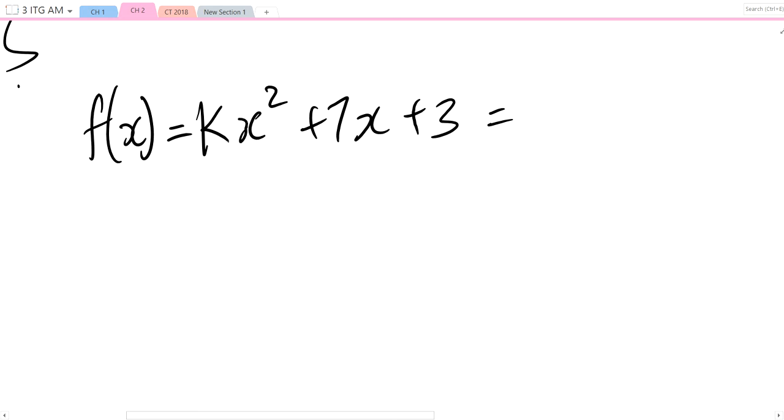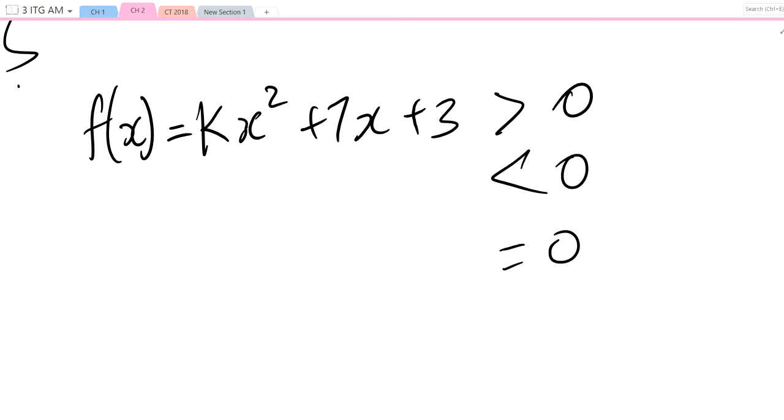And the value of k is going to determine whether my f(x) is going to be greater than 0, less than 0, or equal to 0. Do you agree? Make sense? Depending on what the value of k is, depending on what you're substituting for x, isn't it?